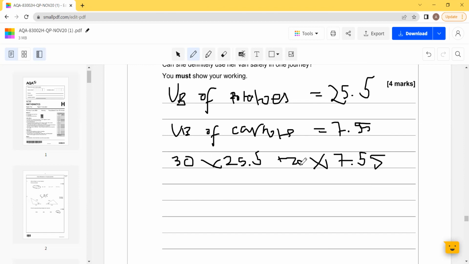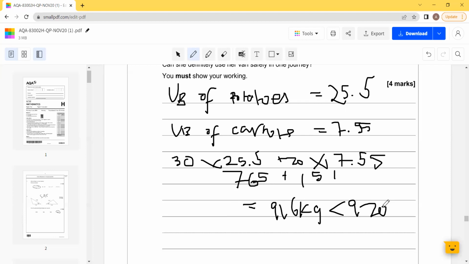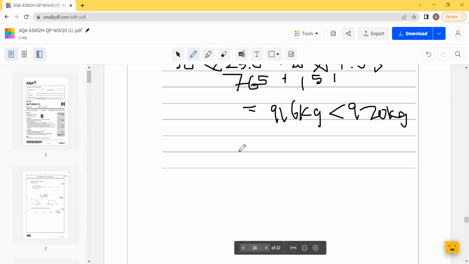Okay, so 30 multiplied by 25.5 gives us a value of 765, plus 20 times 7.55, which is 151. So in total it's 916 kg, which is less than 920 kg. So yes, she can.